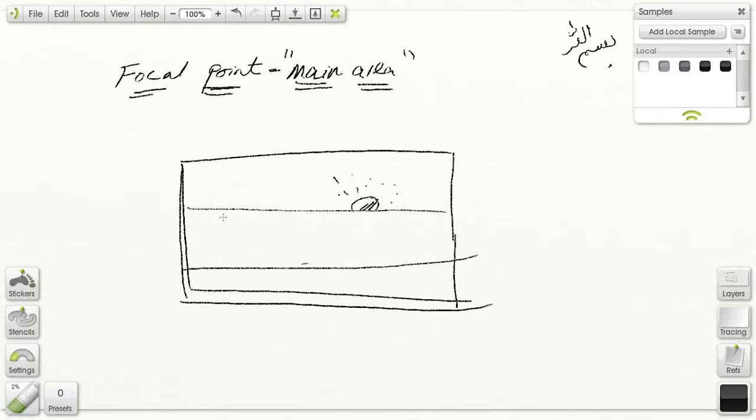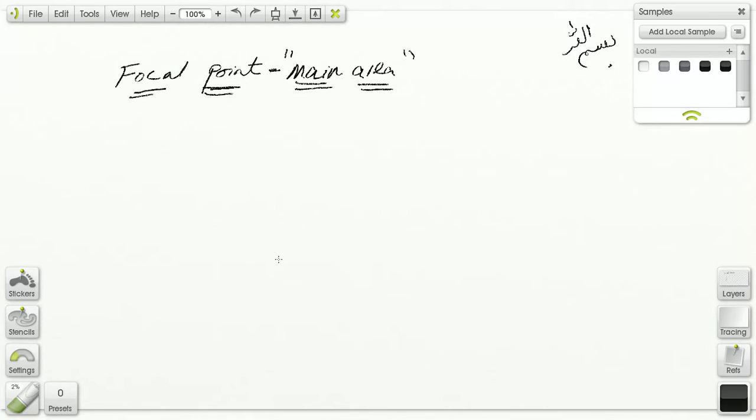But if you wanted the house to be the focal point in the picture, then you have to give hints to the viewer that that's the focal point of the drawing. So that's important to understand. There are different ways to suggest to the viewer what a focal point is. A focal point is the place that draws the most attention from the viewer.